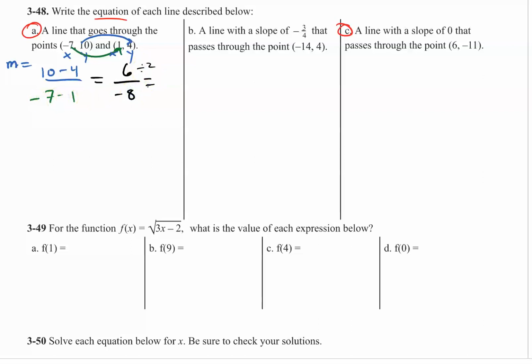You can divide both of these by 2, because they're even. 6 divided by 2 is 3, over 8 divided by 2 is 4, and the whole thing is negative. So my equation is y equals mx plus b. I just found the slope. So now I have y equals negative 3 over 4x plus b.